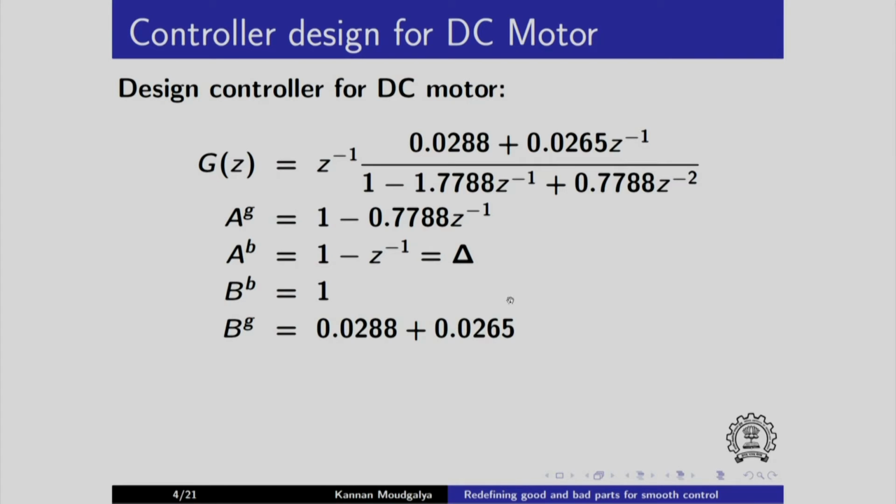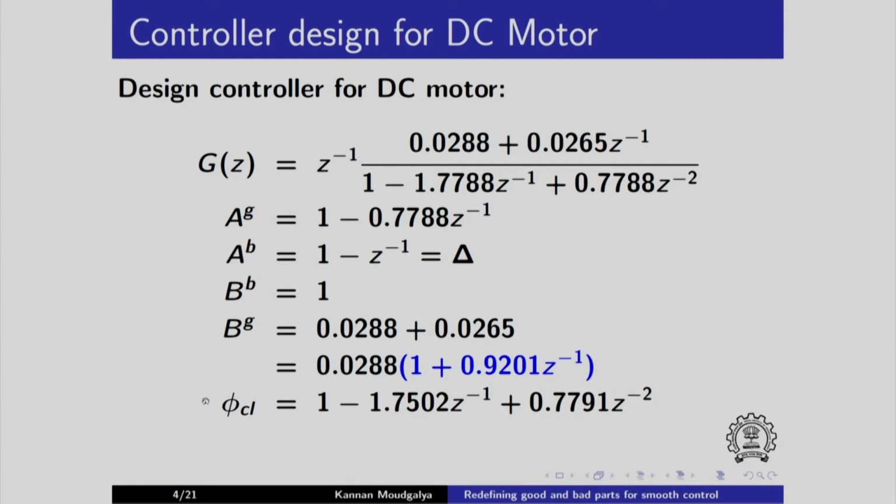Here is the factorization of B. Everything is good here. In fact, you can see that the 0 of BG is inside the unit circle. I want you to write this down, so I have written it in blue. We are going to discuss this in the subsequent slide.